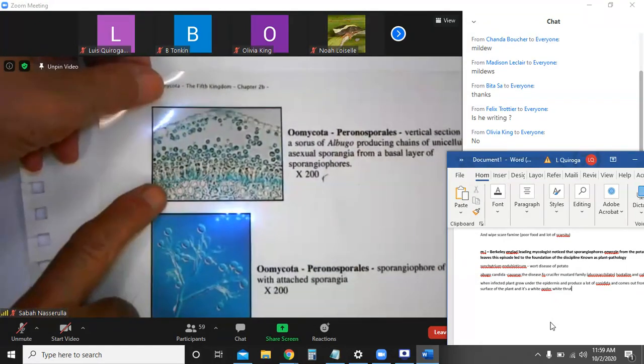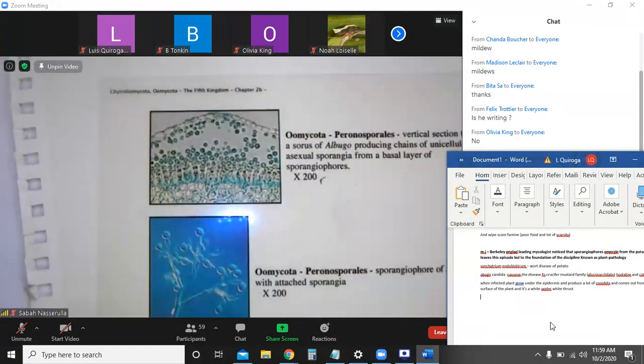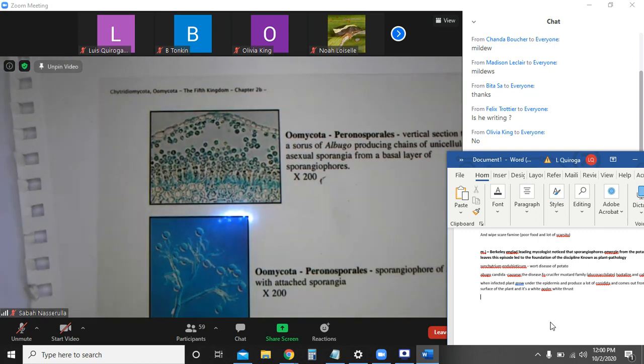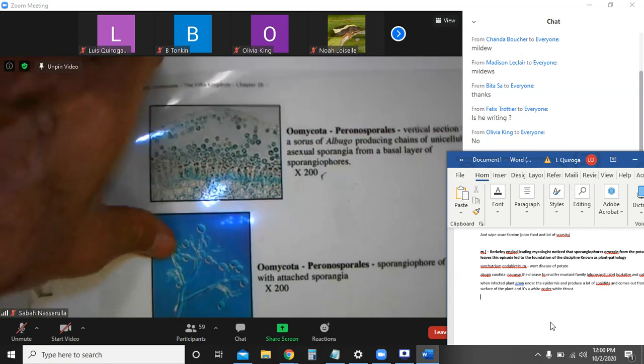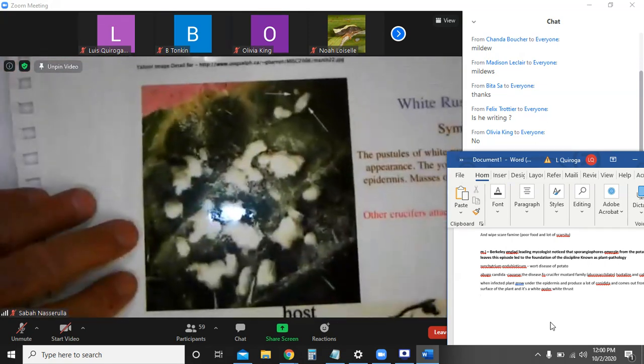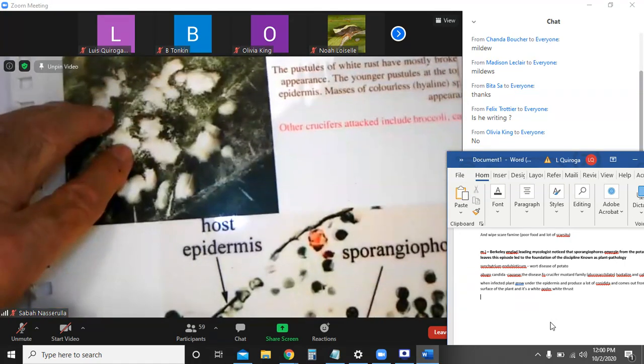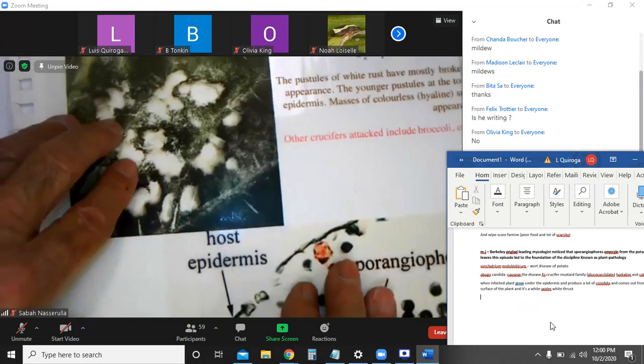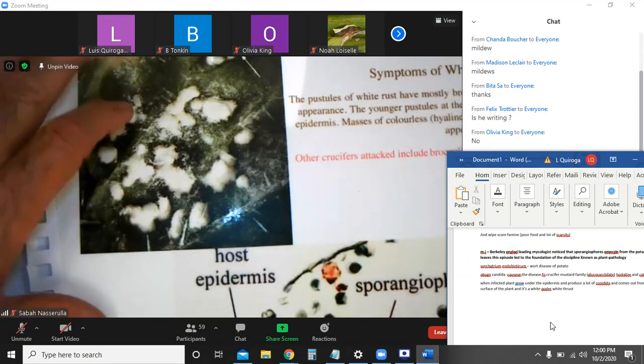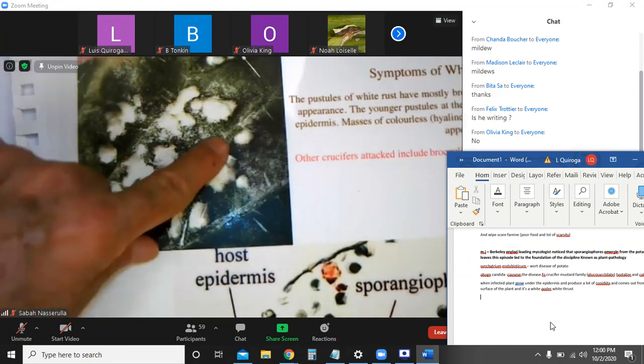So when you have the leaf, it grows in the tissue, and then it will push the epidermis like this, and in the end it comes out like a white powder. Do you see this white picture here? That's basically what it does: it grows under the epidermis and pushes it. So this is known as white rust. It shows on the surface of the leaf.